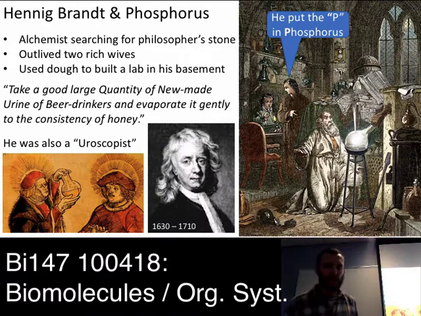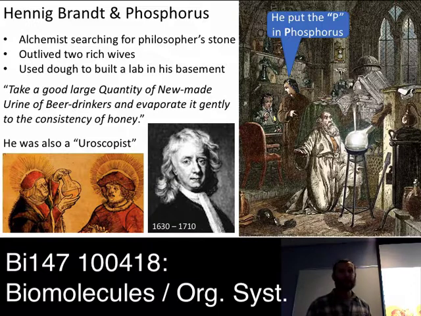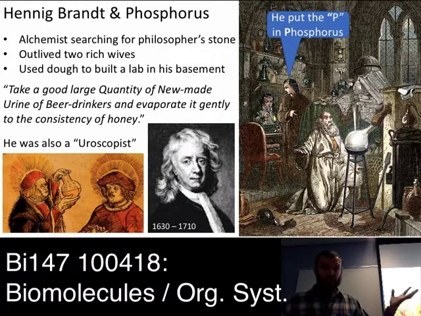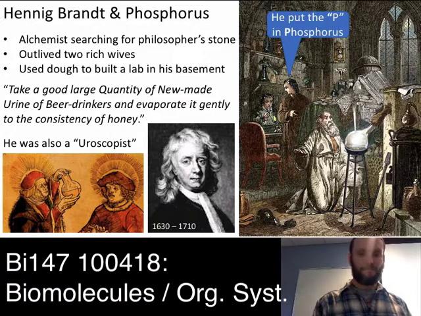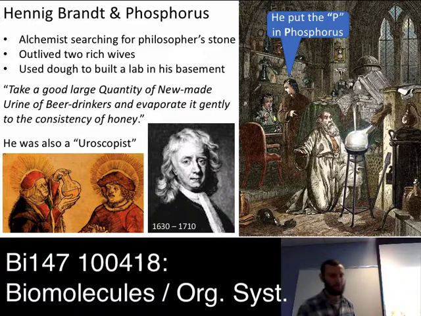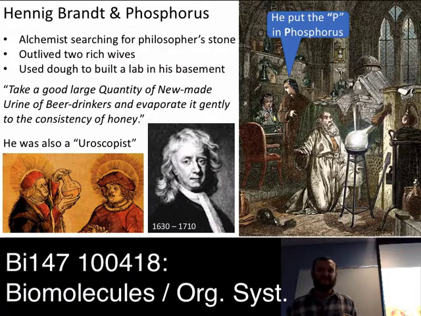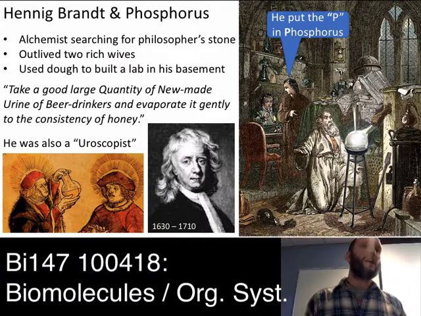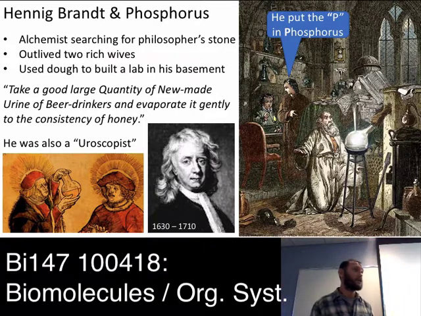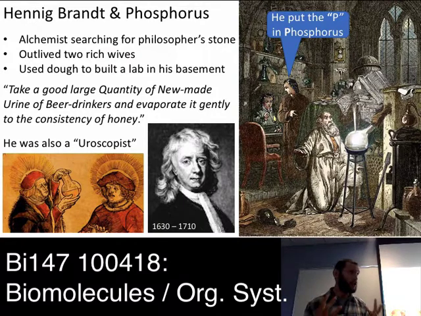So he sent his sons out into the bars of Germany. Or no, I guess this guy was Dutch, out into the bars of Amsterdam or wherever. And he brought back 1,500 gallons of urine.